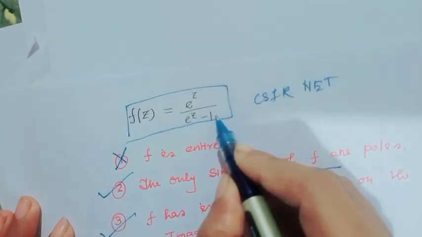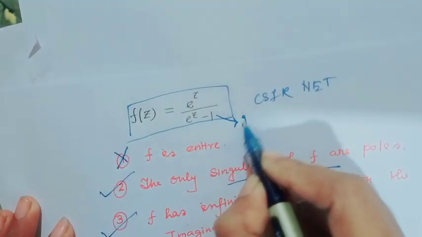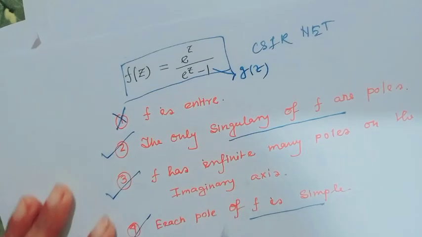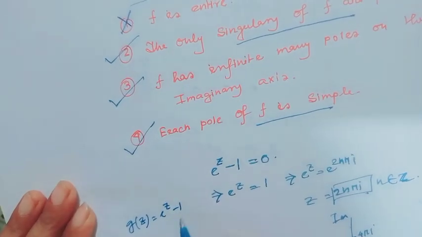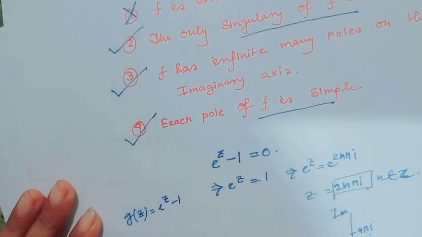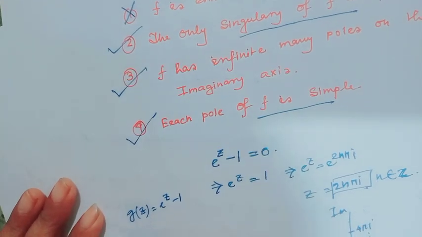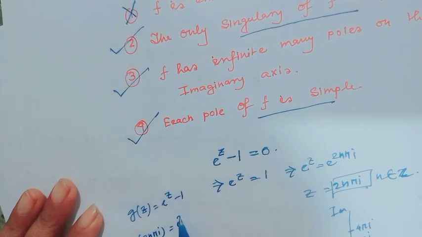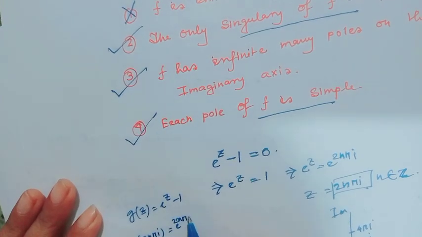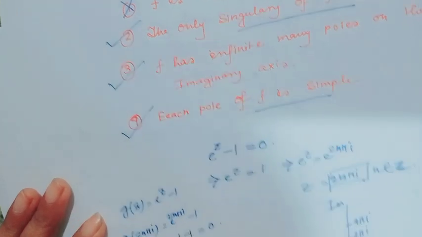The poles are also simple because if we call the denominator g(z), g(z) equals e to the power z minus 1. At 2nπi, g(2nπi) equals e to the power 2nπi minus 1, this value is 1 minus 1 equals 0.